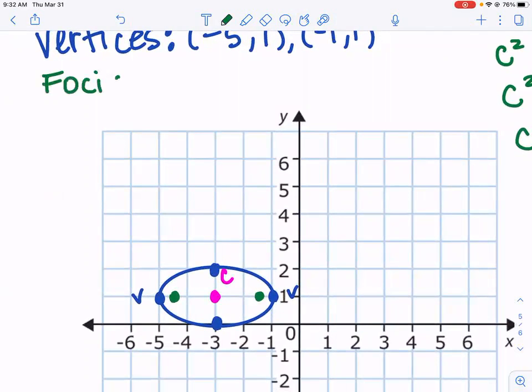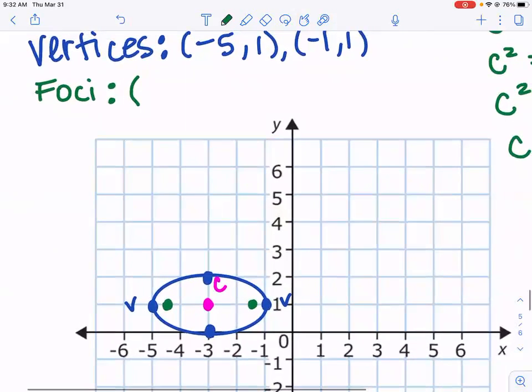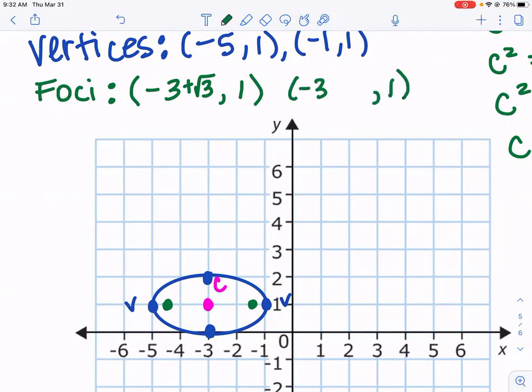Now, we also have to name them. We took our center and we went to the right radical 3. So we took our center of, what was our center? -3, 1. And we went to the right radical 3. We took our center of -3, 1. And we went to the left radical 3.